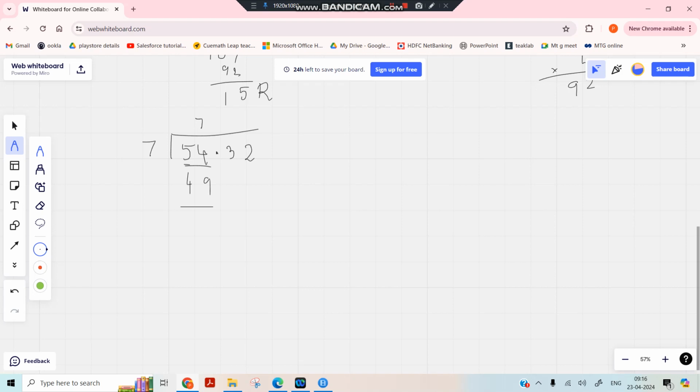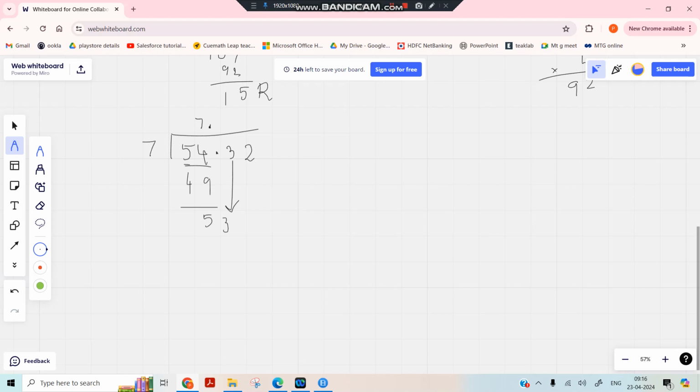Your remainder is 5. Now, normally if the decimal would not have been here, you would have brought down the 3. In this case also we'll just do the same thing. Now since we have a decimal here, we will put a decimal in our quotient and then bring down the 3. It's just that simple. Whenever you bump on to the decimal, put the decimal in your quotient and then continue normally with your division as you would have done in a whole number.